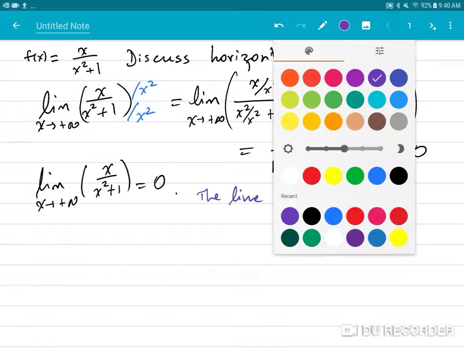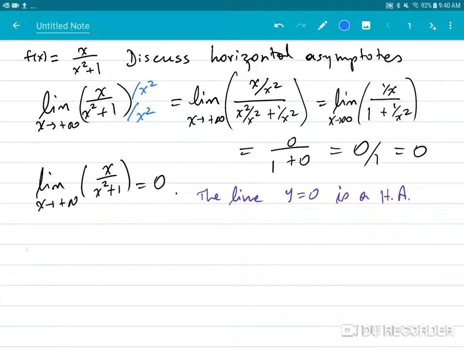Let's do the other limit. The limit of x over x squared plus 1 as x approaches minus infinity.